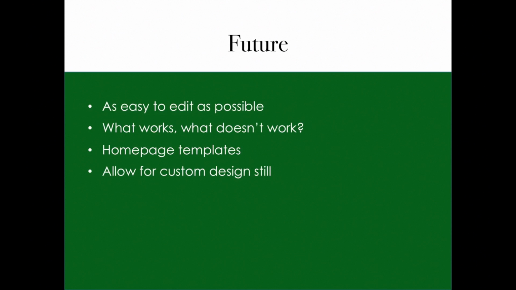And I still want to allow for custom design. So you can go overboard, and to some extent maybe I've still done too much, because I still want to from here be able to do a completely custom design without having to rip out too much.